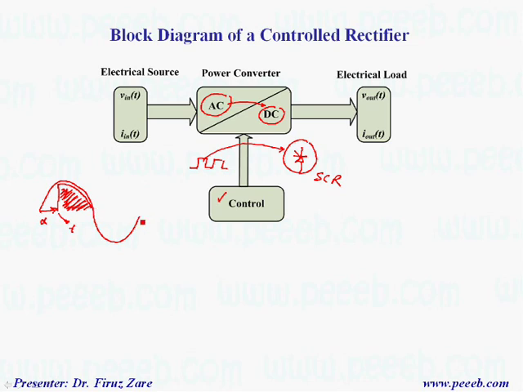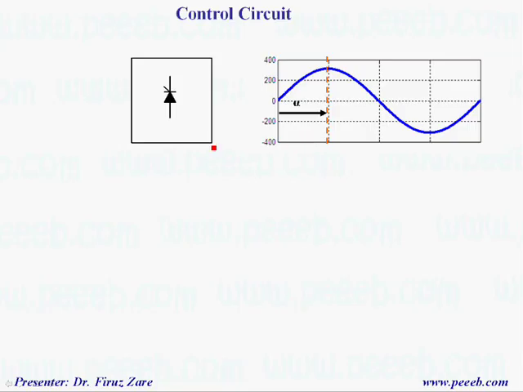And in some applications we have, for example, a full wave control rectifier. That means we can also rectify the second half cycle. So this depends on the topology, and the output voltage depends on this firing angle. So control rectifiers, either single phase or three phase, are based on thyristors, which should be turned on using a control signal.